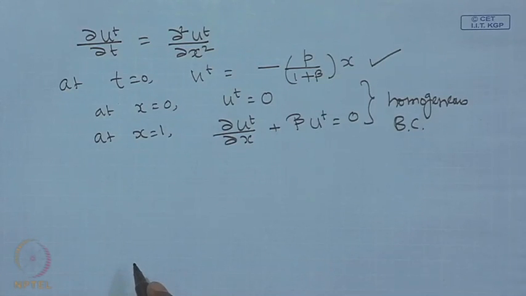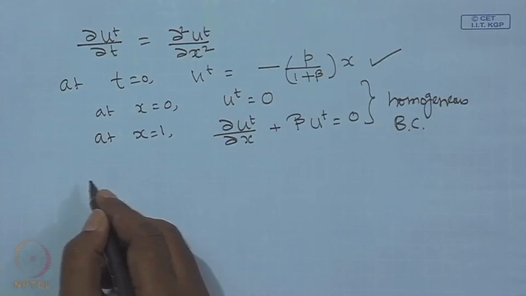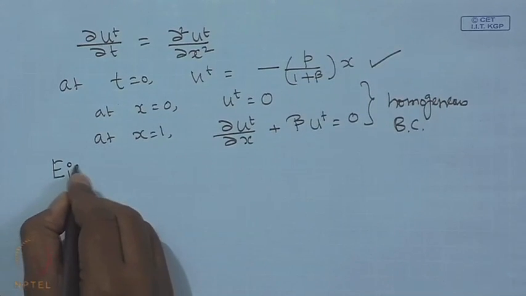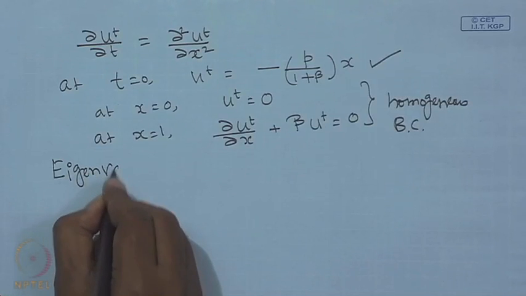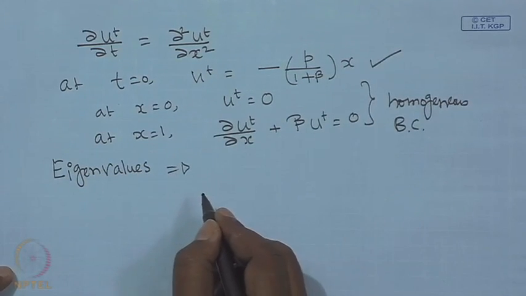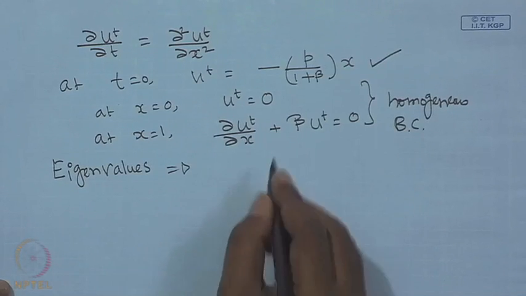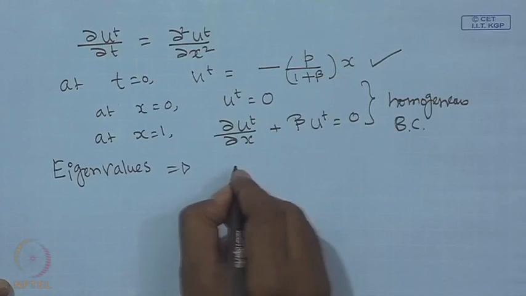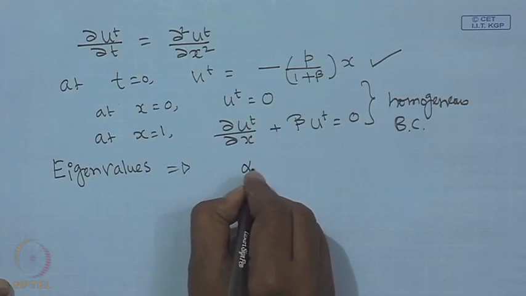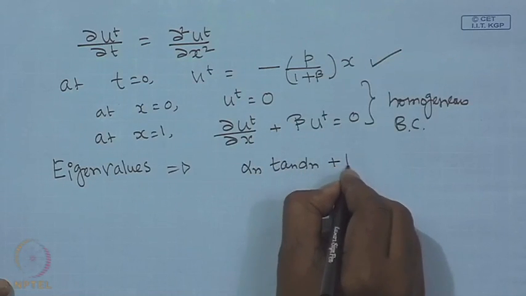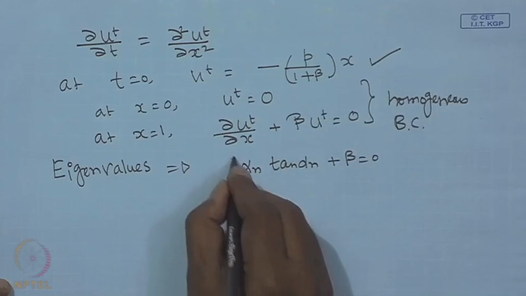So, again by using separation of variables, this can be solved, and if you remember the eigenvalues to this problem, they became the roots of the transcendental equation alpha n tan alpha n plus beta equal to 0.